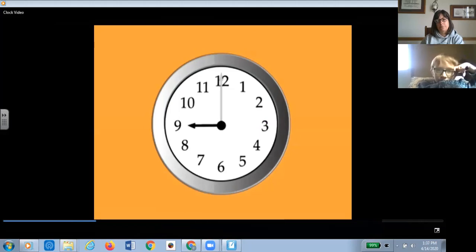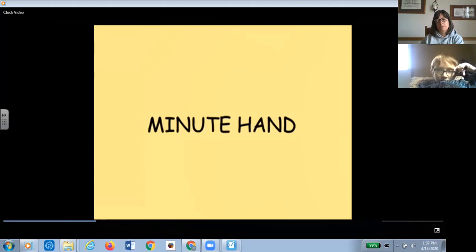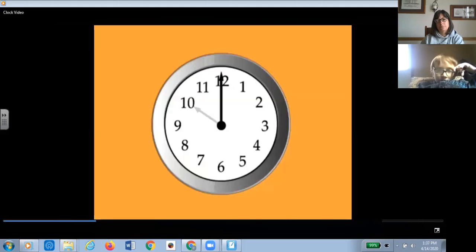It is the short hand. It is called the hour hand because it measures hours. This is the minute hand. It is the long hand. It is called the minute hand because it measures minutes.